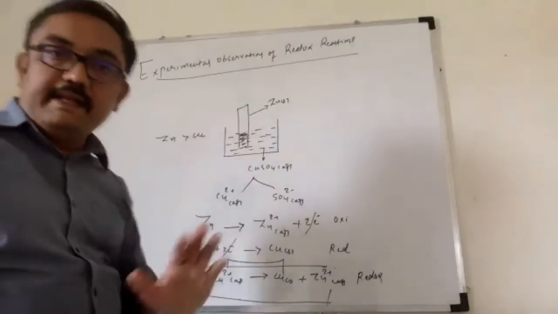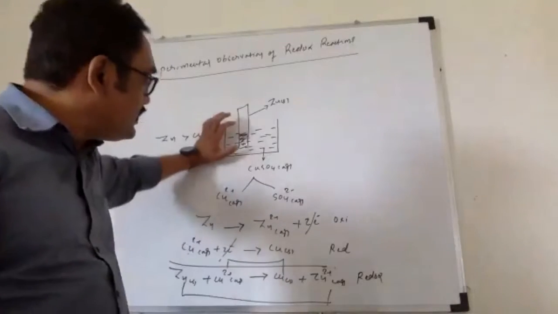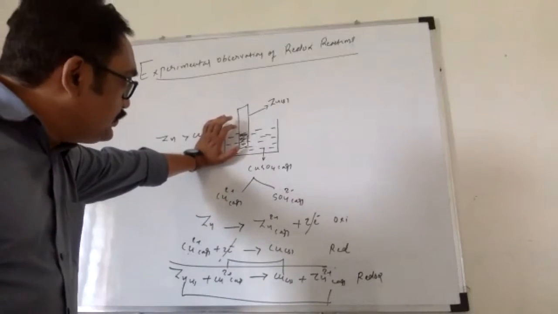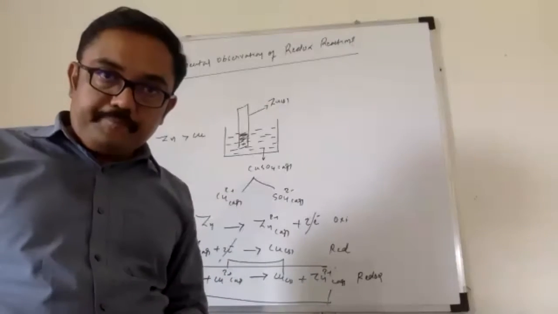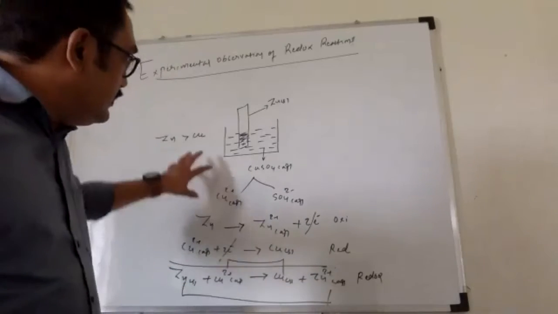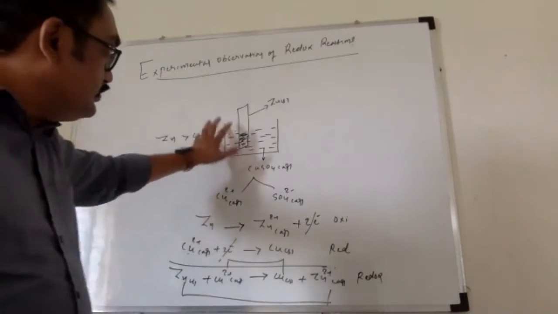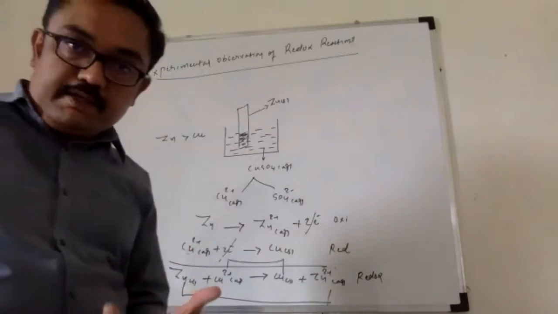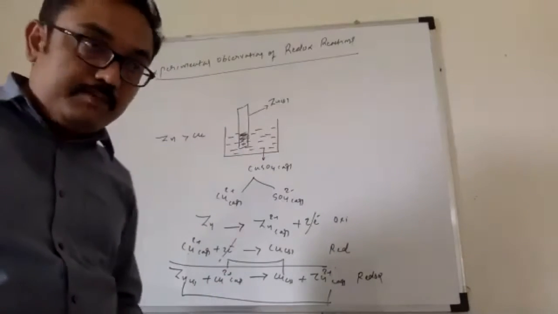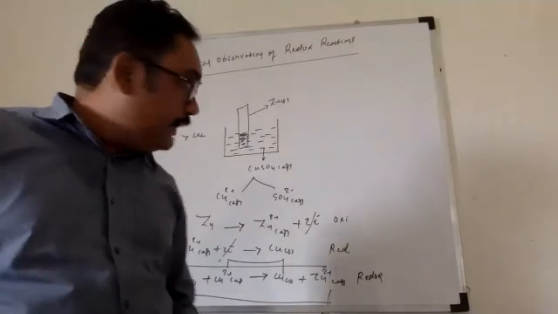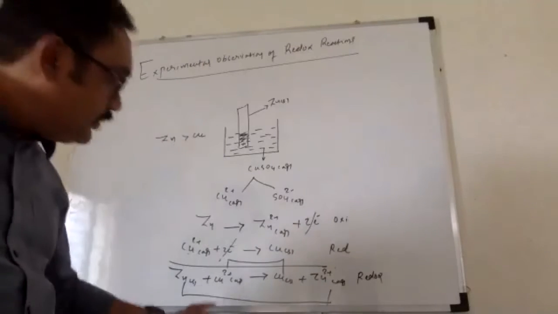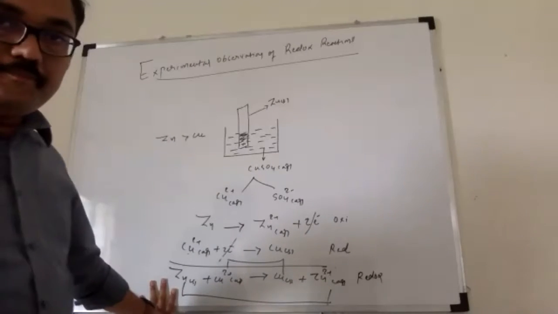It becomes slightly reddish because of the deposition of copper. So these two are the experimental observations of this redox reaction. From this you can conclude that yes, a redox reaction is going on. Displacement of copper ion by zinc is going on. And this is how experimentally you can study the redox reaction.